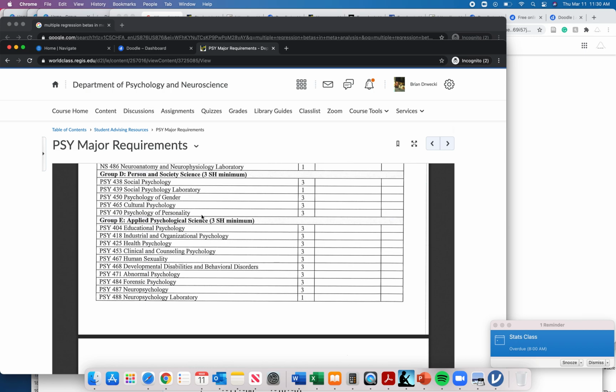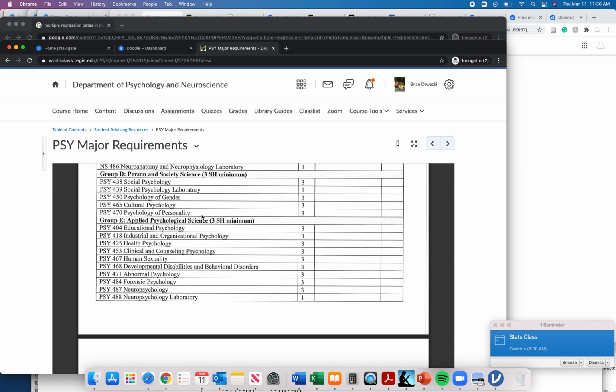Psychology of personality. Personality and social are kind of interesting to understand. So social is about the society, like how other people impact your behavior, how social structures impact your behavior. Personality is about internal characteristics inside of you. Now, you should understand that personality and social psychology, while related fields, have very different perspectives. If you're more interested in personality tests and how those may predict behavior, then personality psychology is interesting for you.